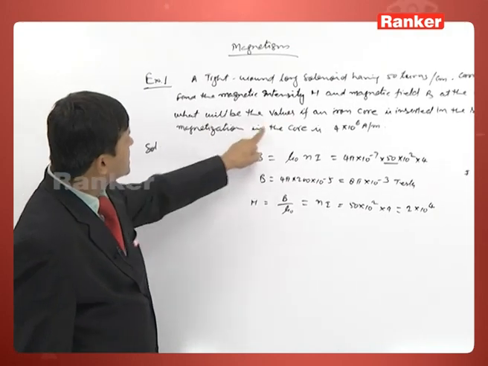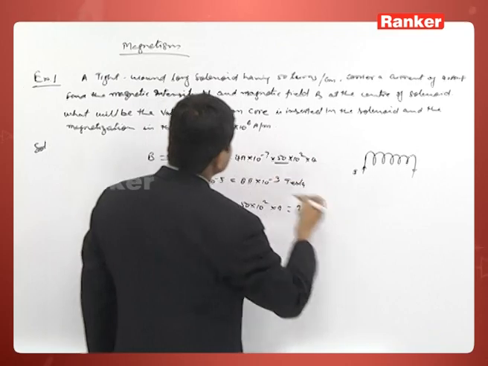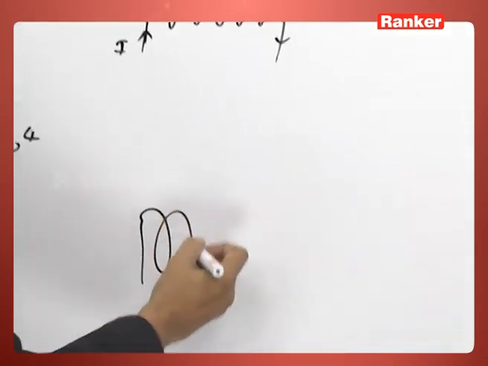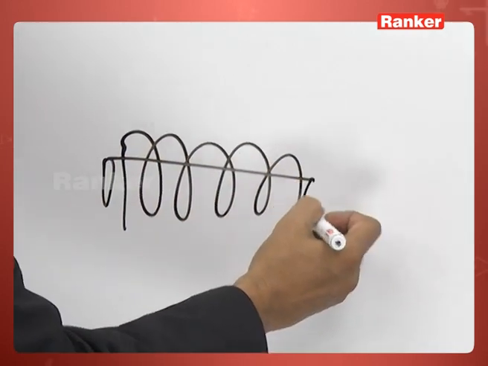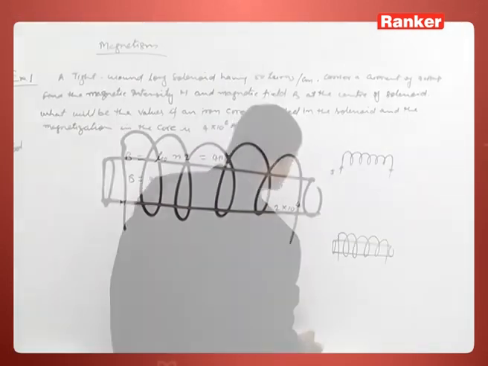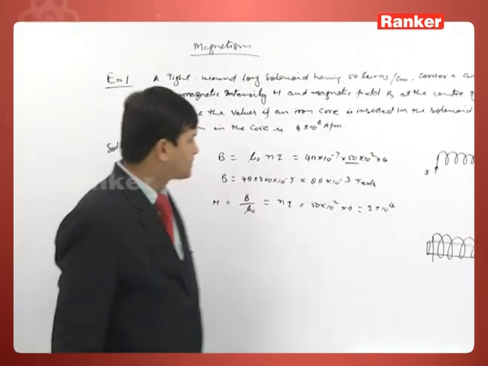In the second case they are saying an iron core, and the core is now here. In the second case an iron core has been kept inside the solenoid, due to that some magnetization will be there.